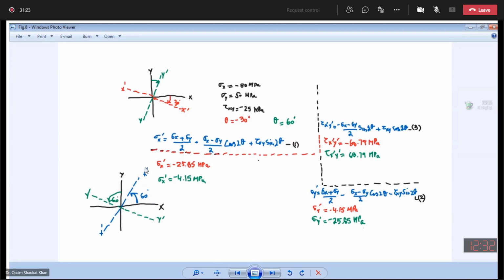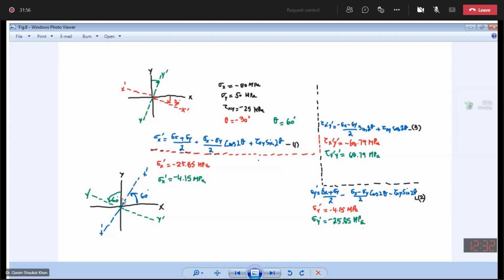Your y dash axis over here has become the x dash axis, and your x dash axis here has become the y dash axis. So now sigma x dash you are getting as minus 4.15 megapascals, and sigma y dash over here you are also getting as minus 4.15 megapascals.